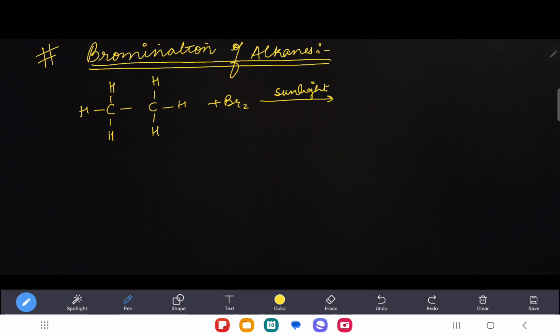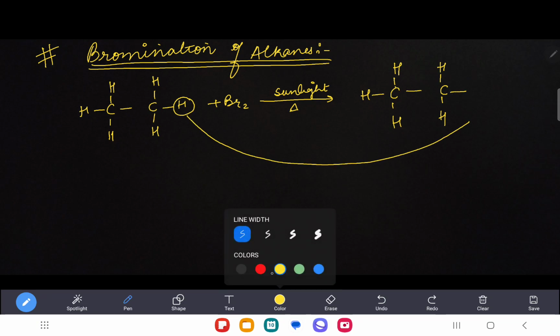Here you would require a little bit of sunlight and a little bit of heat, both of them. Normally, as we have been doing, what is substitution? One H is substituted by one Br.